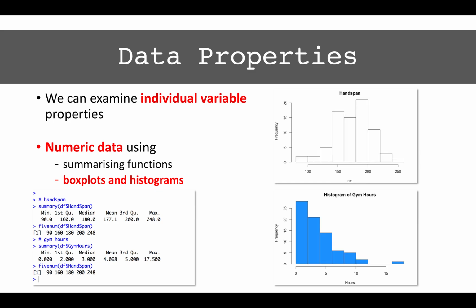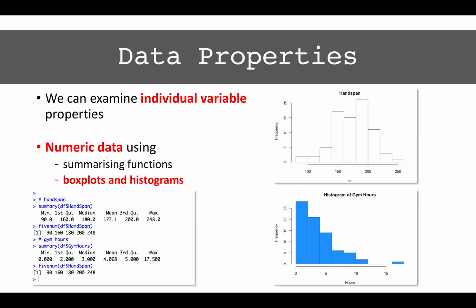So we can see the spread of values in the data. Handspan has what's called a normal distribution, and is perhaps suggested that this is a continuous variable, whereas gym hours has a more skewed distribution to the left-hand side that's more typical of a count variable, and counts and continuous variables behave very differently.